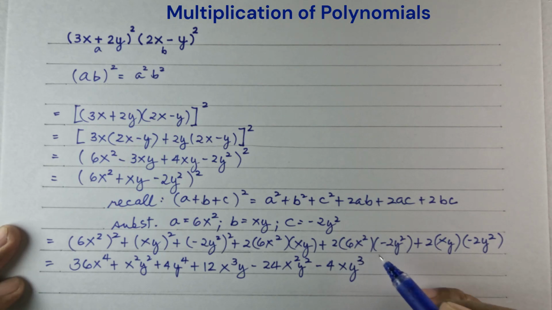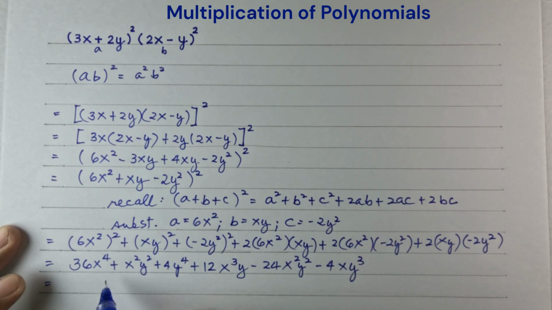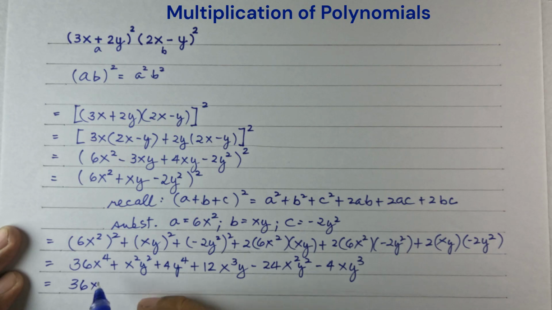Now let us rearrange the terms according to the order of the polynomial structure. So we'll start with the x to the fourth term, right here, 36x to the fourth. Next would be the x cubed term, plus 12x cubed y. Next would be the x squared term.